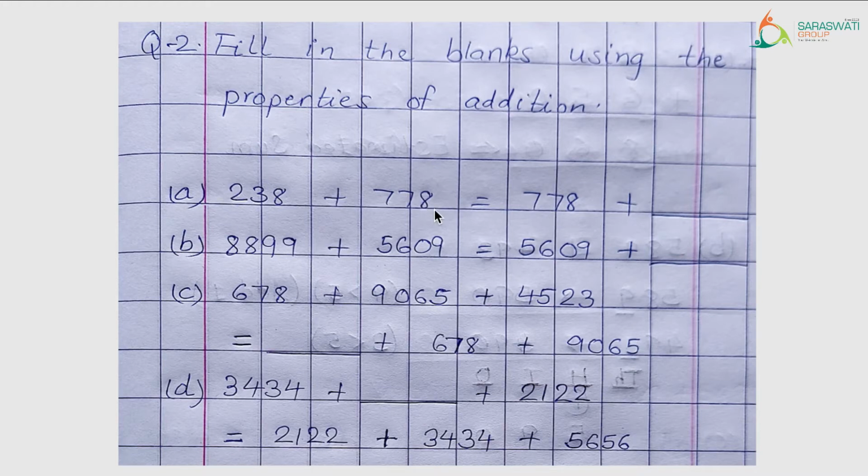So over here, the sum of the 2 numbers on the left hand side of the equal to sign should be same as the sum of the 2 numbers on the right hand side of the equal to sign, right? तभी तो balance होगा on the left hand side of the equal to sign and the right hand side of the equal to sign, right? So यहाँ पे blank में क्या आएगा? 238.